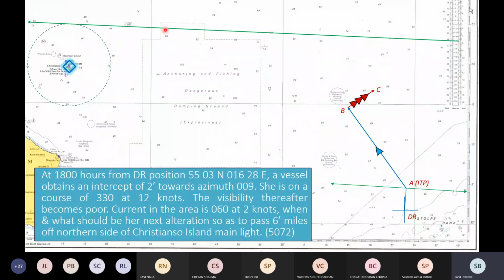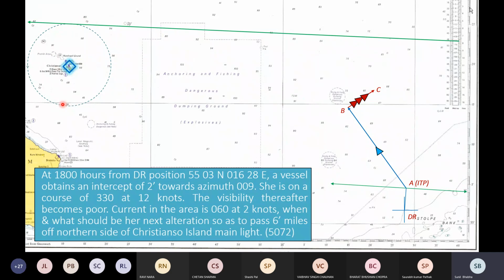You can see this green color line marked on the chart now, parallel to my initial PL. This line is parallel to my initial PL in the same direction, and it is tangential to the Christianso Island main light. And we have drawn the tangent on the northern side.